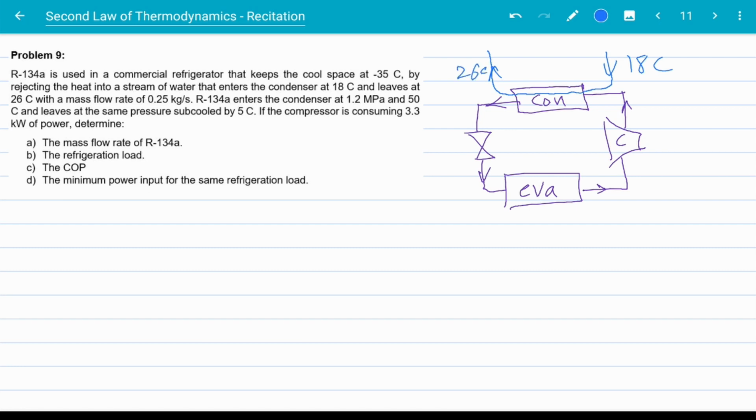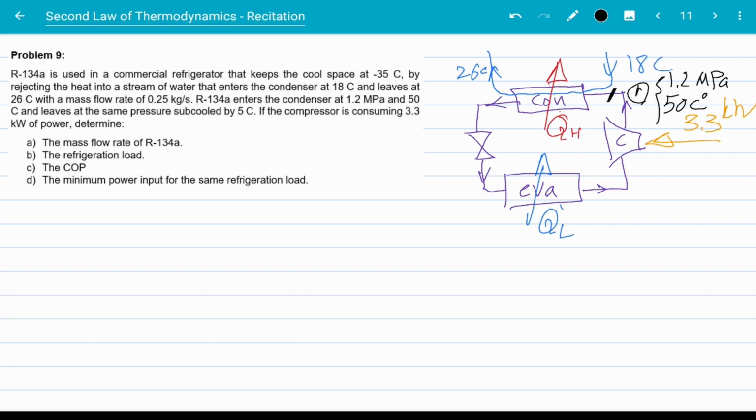So our refrigerant is absorbing Q dot L, or the refrigeration load, in the evaporator and then dumps it in the condenser to the water, while consuming 3.3 kilowatts worth of power. What else do we know? We know that it enters the condenser at state 1 at 1.2 megapascals of pressure, 50 degrees Celsius temperature.